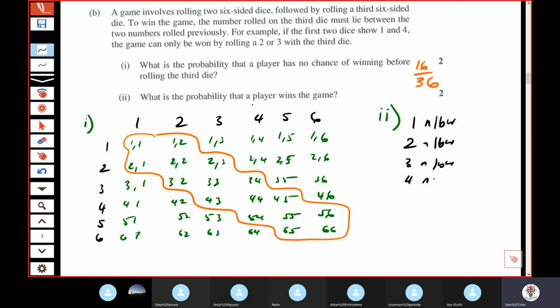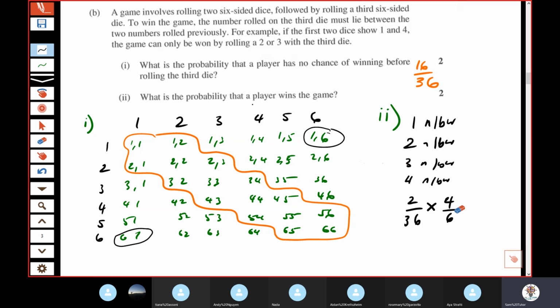That's the only case where there are four numbers between them. So for me to even enter that place, I had to get 2 out of 36. And then to win in my third round, I had to get a 2, 3, 4, or 5, which is 4 out of 6.